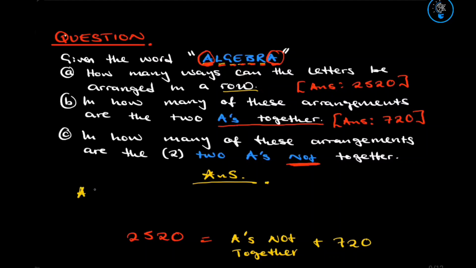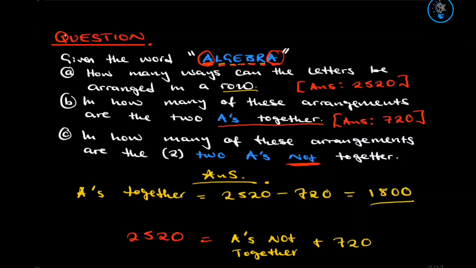And we're going to end up with A's not together equals 2520 minus 720. And when you punch this into your calculator, you're going to get 1800 as the total number of arrangements if A's are not together. So that's how you handle a question like this one. Very easy if you are thinking. Okay, thanks guys for watching. I'll meet you in my next video.